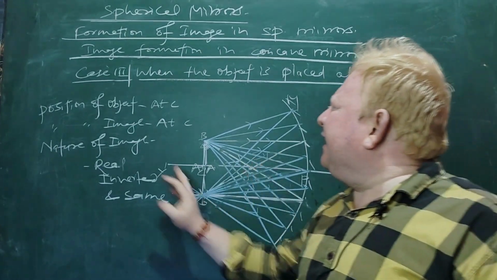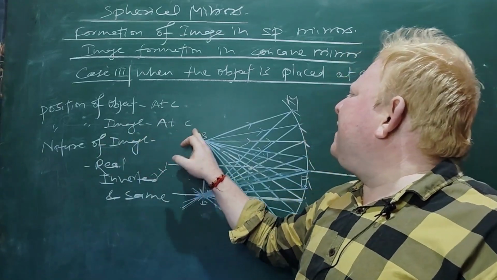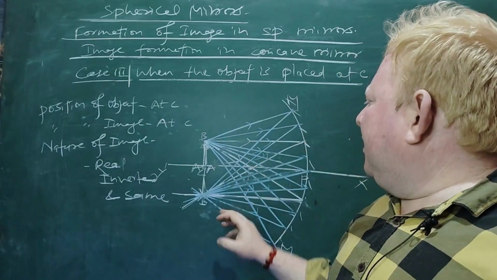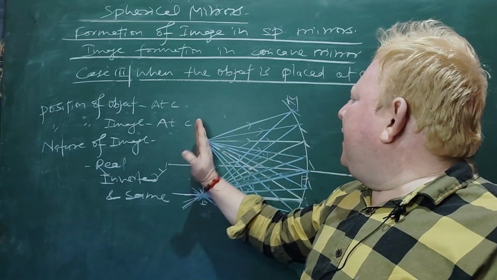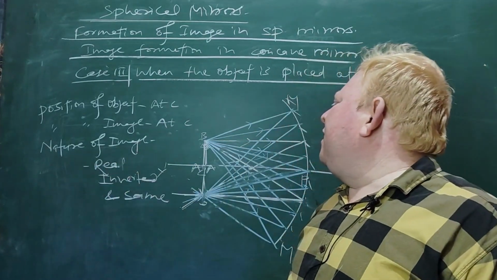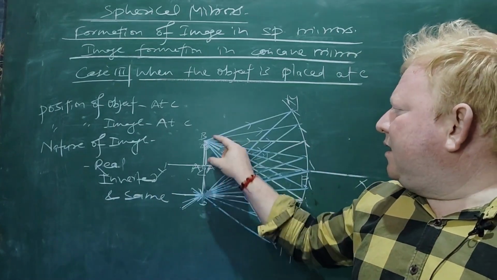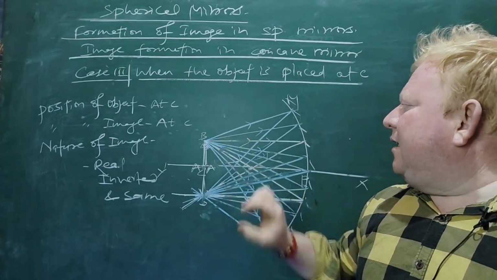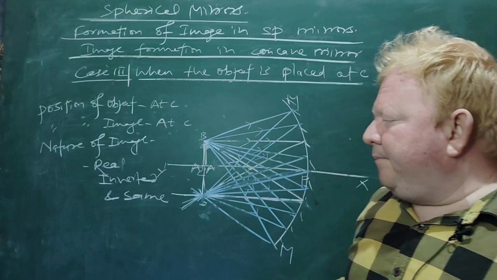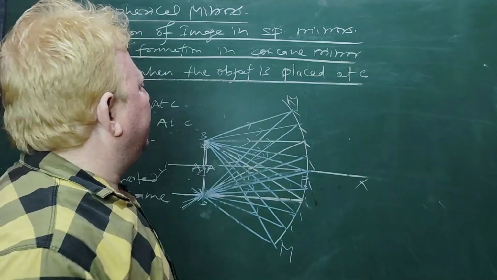So that's why we say when the position of the object is at C, the position of the image will be at C exactly. And what is the nature of the image? Real, inverted and same size. If it is 5 centimeter, then the image will also be 5 centimeter. Clear? Can I rub it?